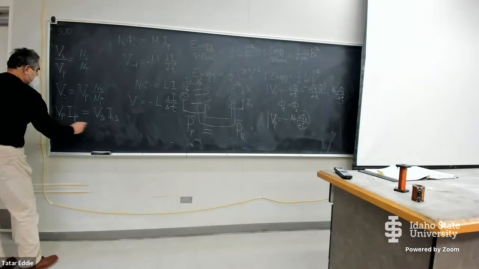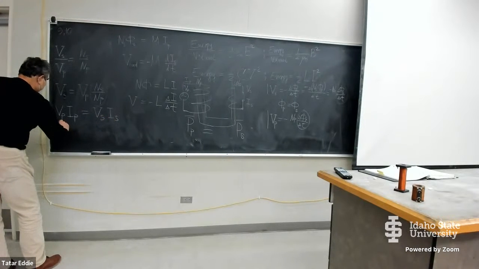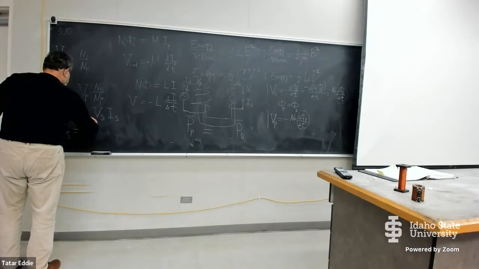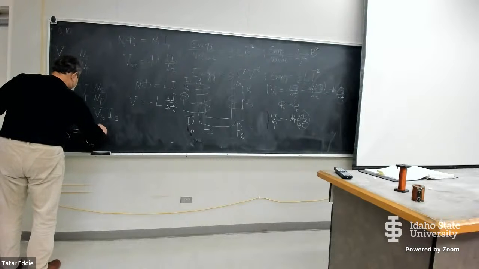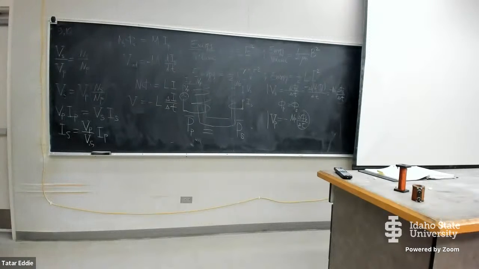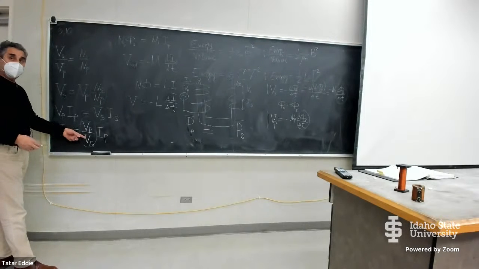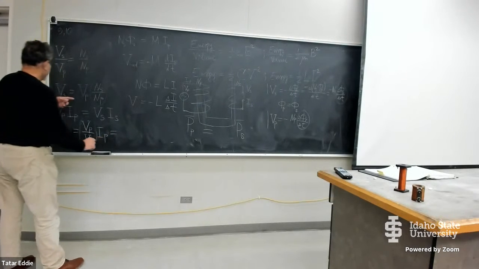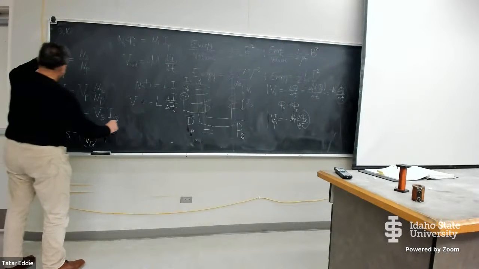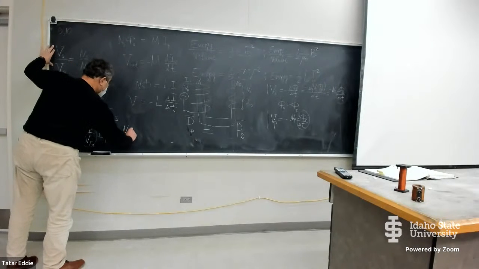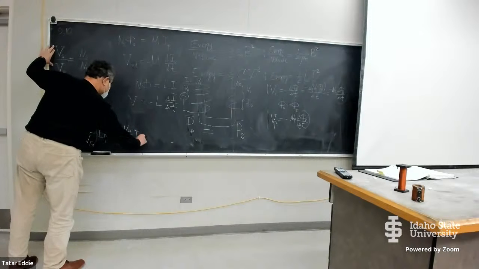Well, this means that if you solve here for the current in the secondary, you're going to get that the current in the secondary is voltage primary divided by voltage secondary, all of this multiplied by current primary. But the ratio of voltages primary divided by secondary is right here. It is number of turns in primary divided by number of turns in secondary times current primary.